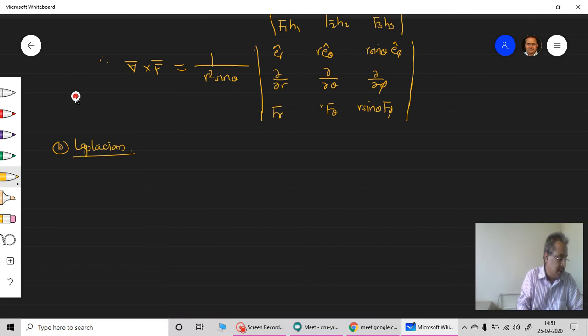Laplacian, that is del square psi, in our orthogonal curvilinear coordinate system.